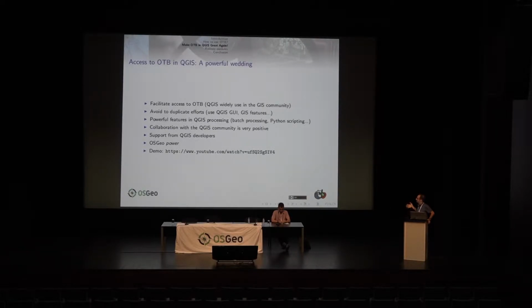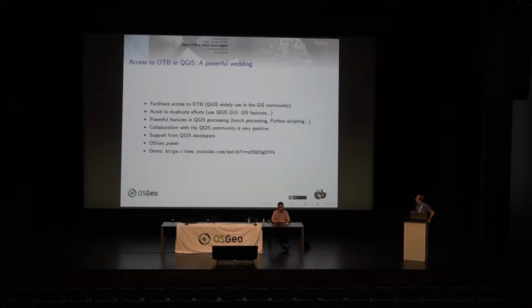It's awesomely done in QGIS, and it's hard to do. So it's better if we could just benefit from what's already in QGIS. Also, there are some obviously powerful features in QGIS processing, but I think there is a keynote about that later on. So we'll see that.